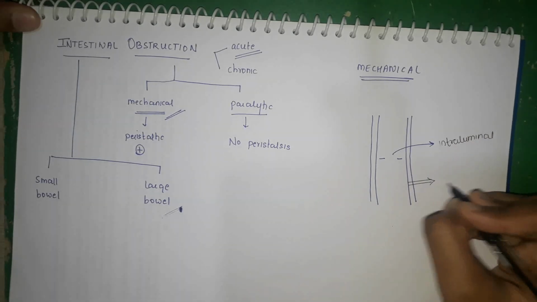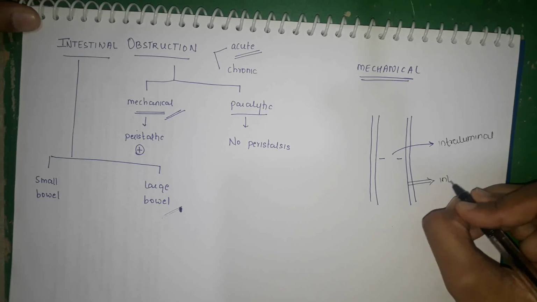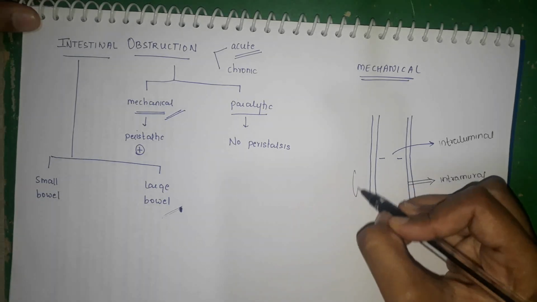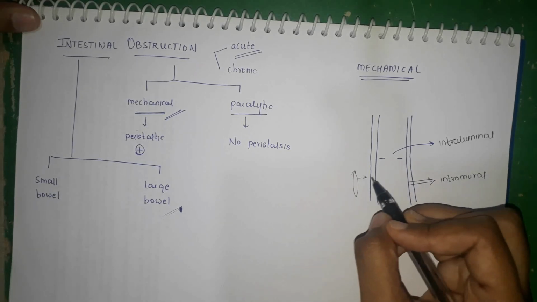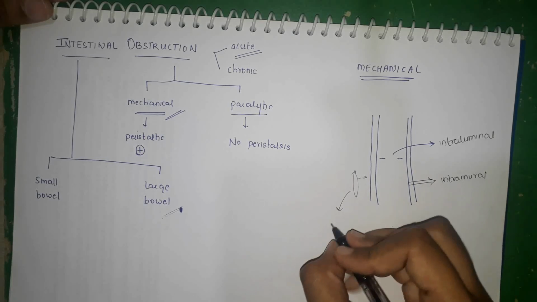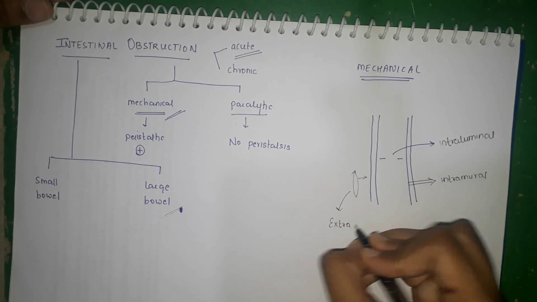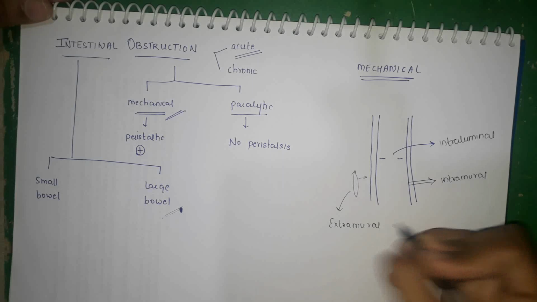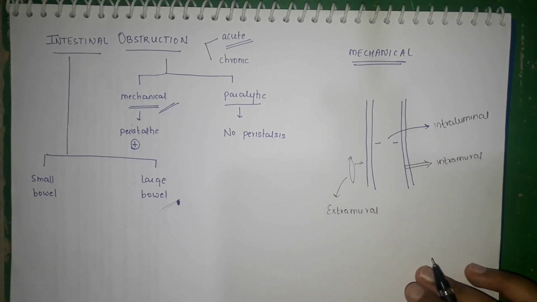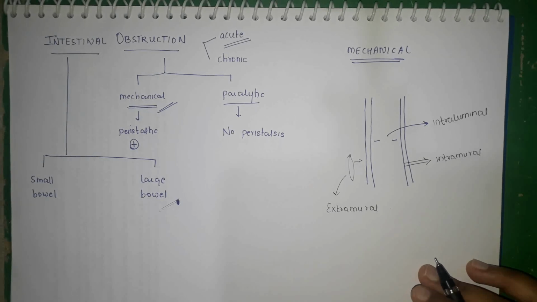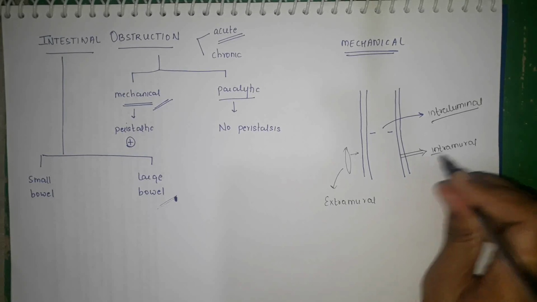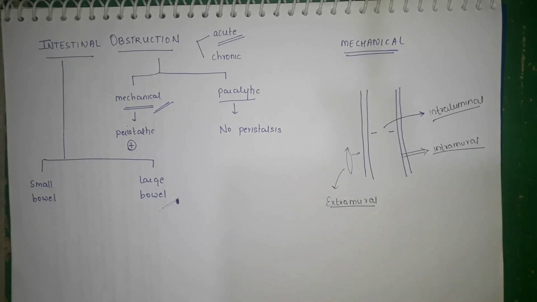Within the wall of the intestine will become intramural, and anything outside it which is causing obstruction by pressure effect or changing the angulation of the intestine will be classified as extramural. All of them present with very similar clinical symptoms. The only difference will be the management process or the final treatment you do. That is why you should know the different causes for mechanical obstruction.